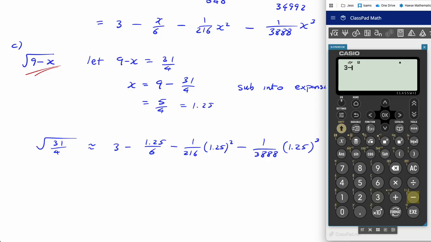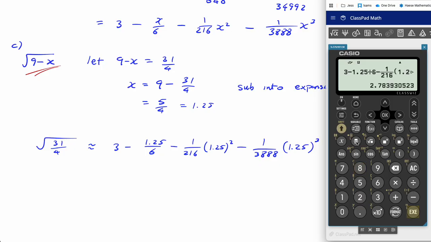3 minus 1.25 over 6 minus 1 over 216 times 1.25 squared minus, and then I'll just do 1.25 cubed over 3888.